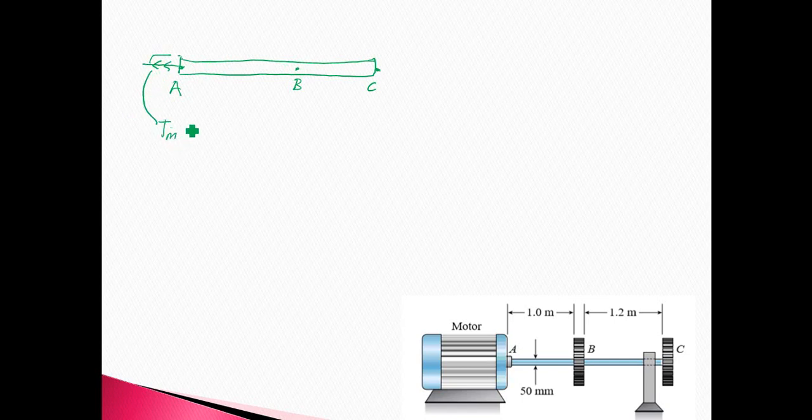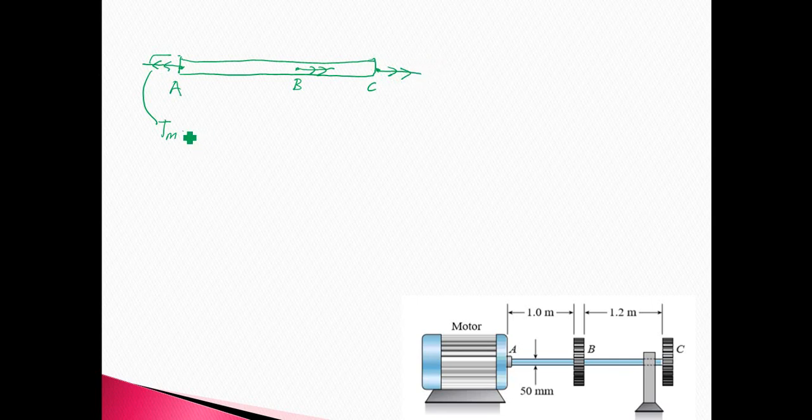Okay, and then the torque at B and also torque at C will be directed to the right, because TB and TC are the output torque.